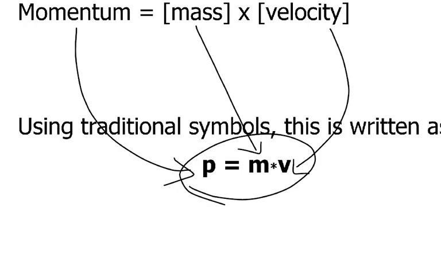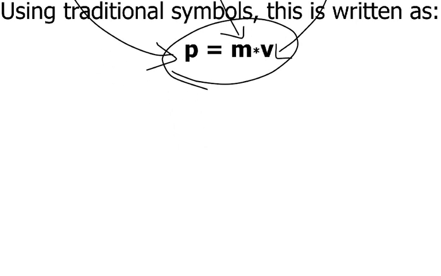Alright, so this brings us to another important point about momentum. You will notice it has this term, velocity. And if you recall from previous videos, velocity is a vector, not a scalar. So there's a vector in this equation.